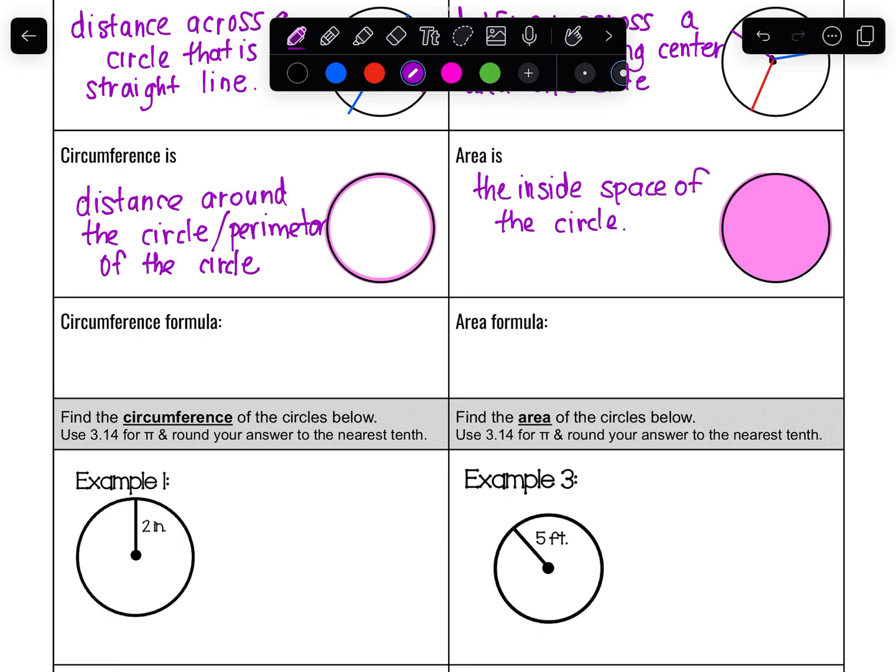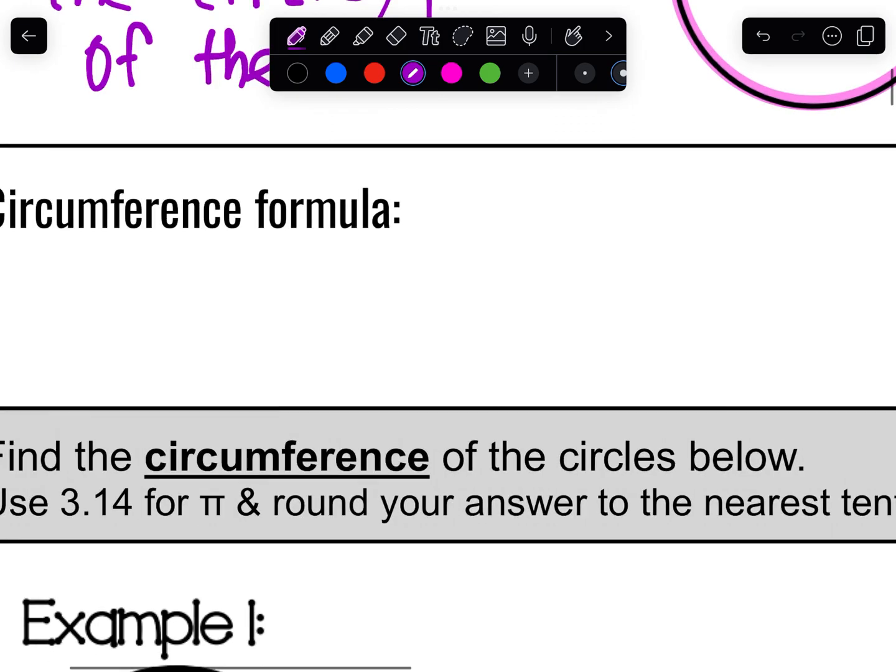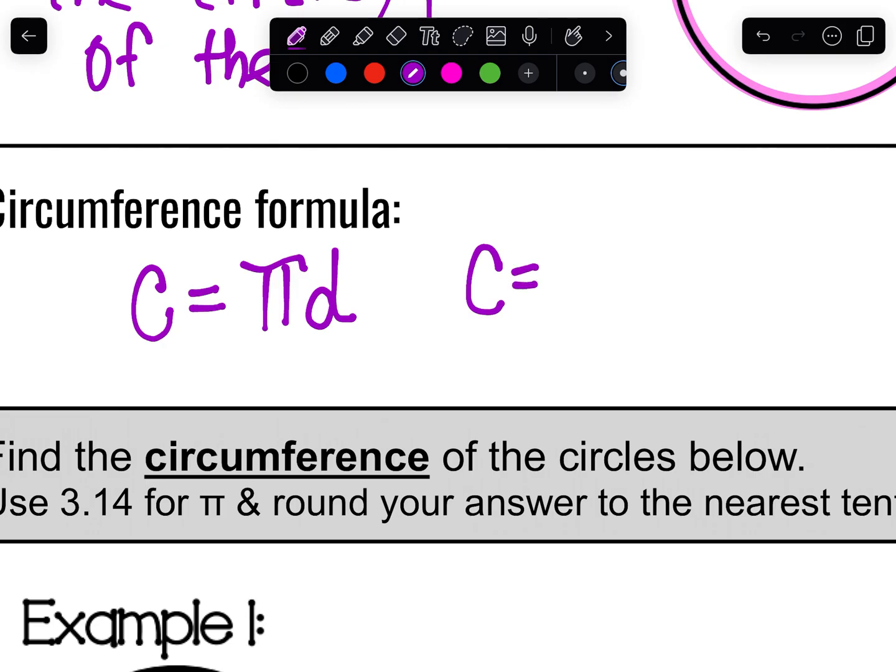And the last thing as far as definitions go is the 2 formulas that we're going to use in the following examples. There are 2 circumference formulas, and they are used based upon whether you're given the radius or the diameter. The first formula is C is equal to pi times diameter. And the second formula is circumference, or C, is 2 pi r.